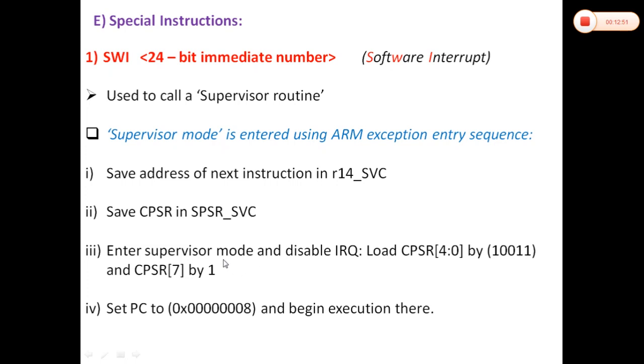Then it modifies the control field of CPSR. Particularly, it modifies the control bits so that the supervisor mode is entered. That means bits 0 to 4 of CPSR should be like this for supervisor mode, and therefore it modifies these bits to this pattern.